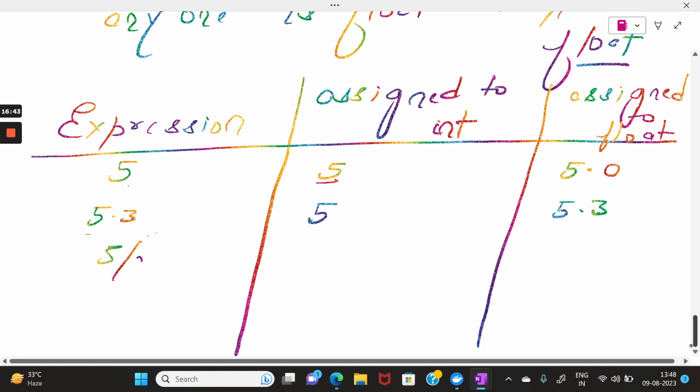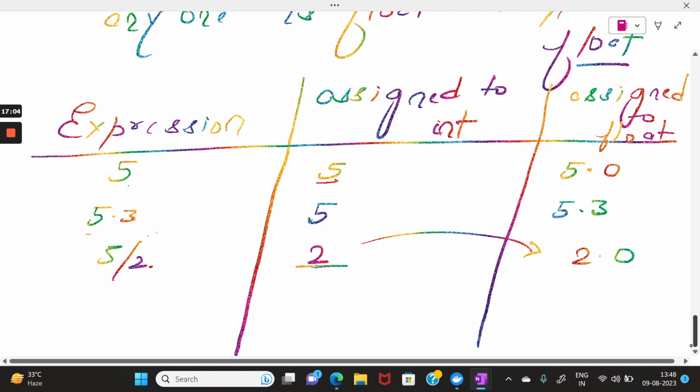Similarly, 5 upon 2: if it is an int, the output will be 2. Since both of them are integers, we are getting 2. If it is assigned as a float, it will be 2.0.